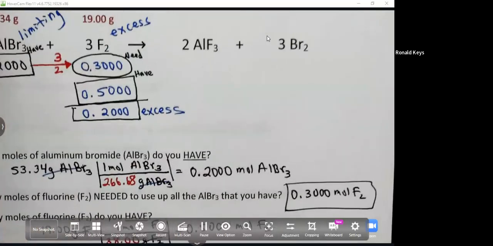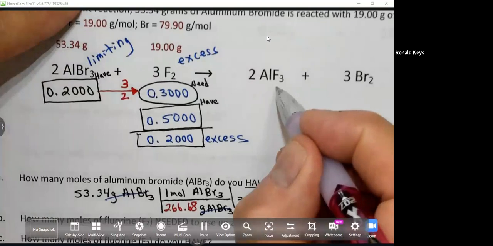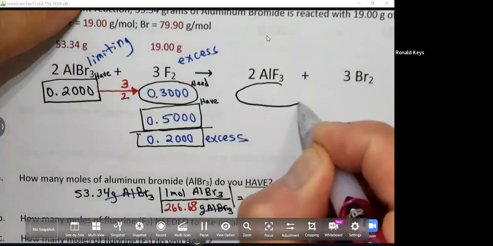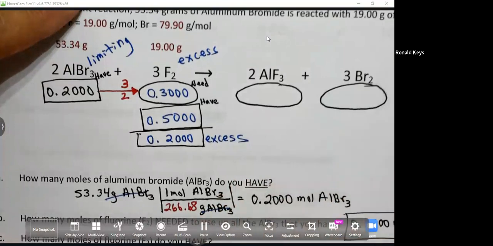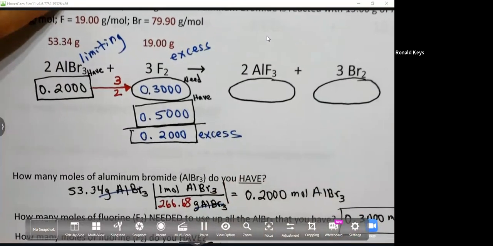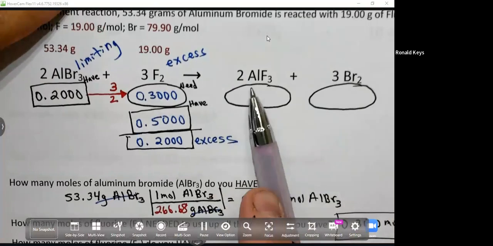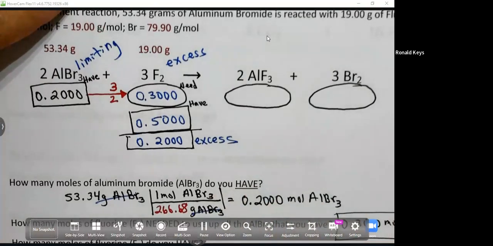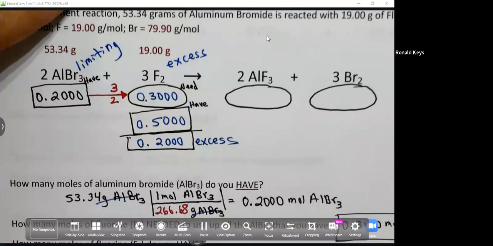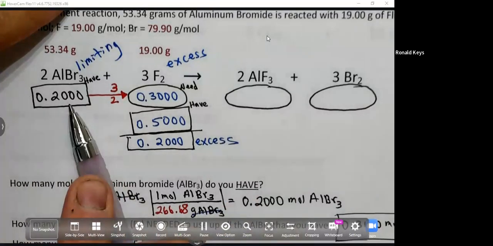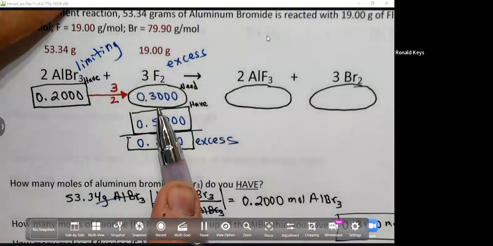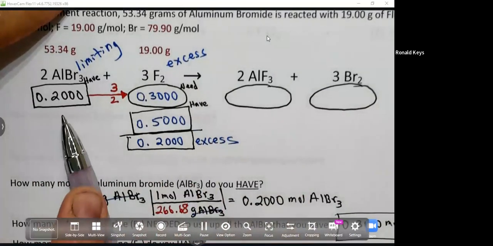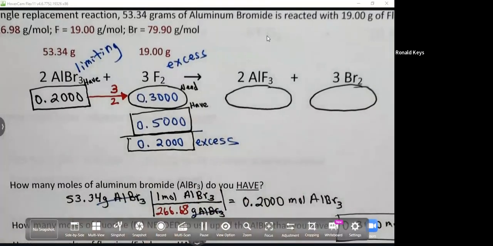So we're going to go up here and draw ovals because we're going to put moles there. This is determined by the limiting one that runs out, right? You are drawing your arrow from either this box or this box, whichever one has limiting written up there, correct? It's not always this one. So let's draw that thing.